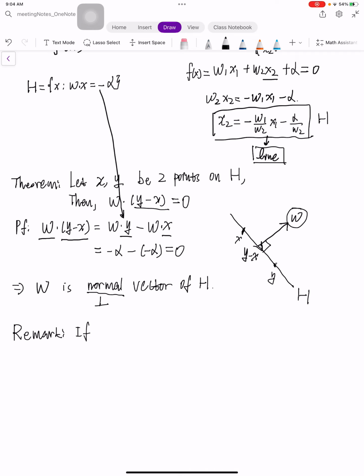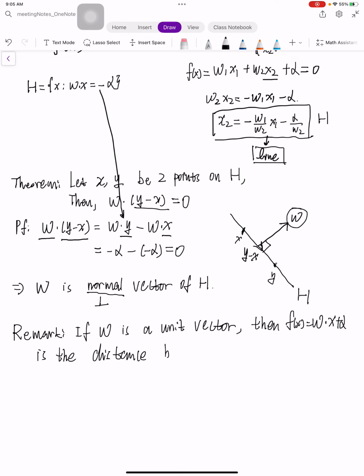If w is a unit vector, then f(x) equals omega inner product with x plus alpha, which is the distance from x to H. It's just the distance between x and H.